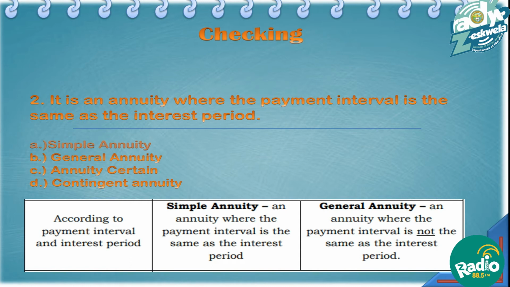On the other hand, general annuity is an annuity where the payment interval is not the same as the interest period. Meaning, in simple annuity, for example, if the interest is on quarterly basis, then its payment interval is in quarter also.